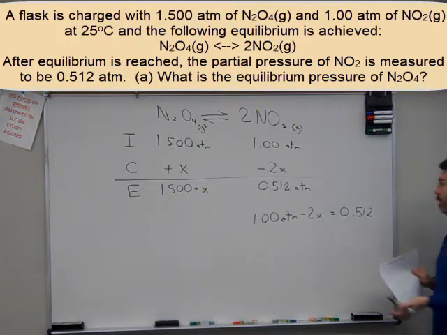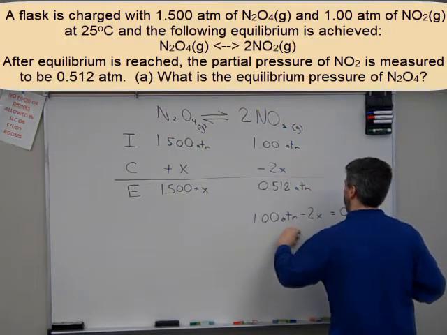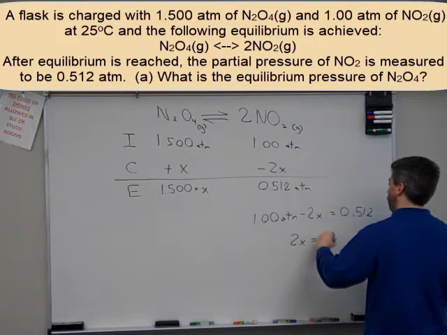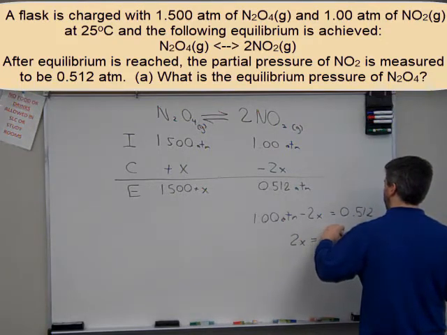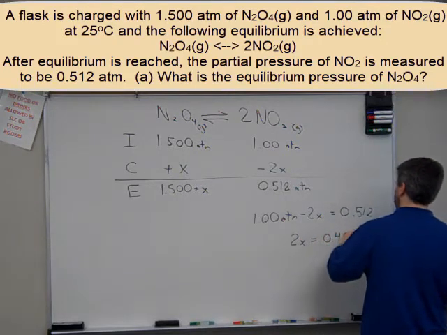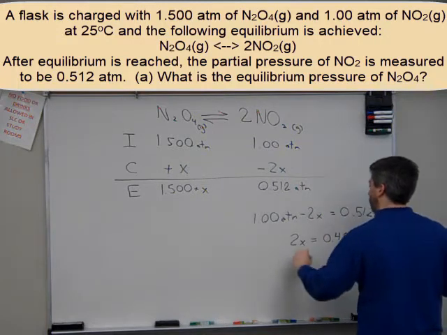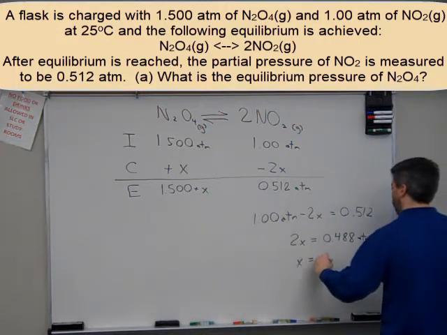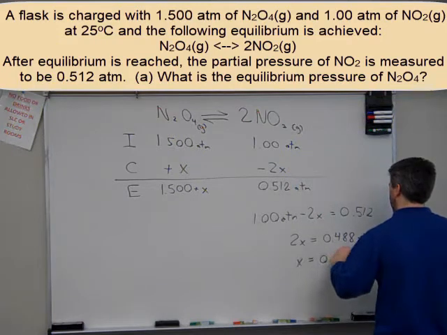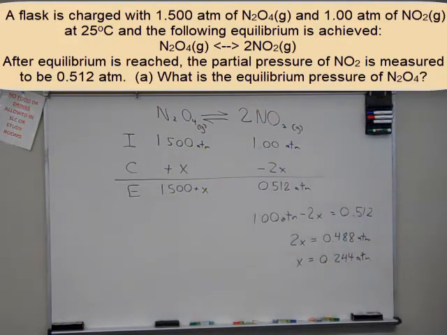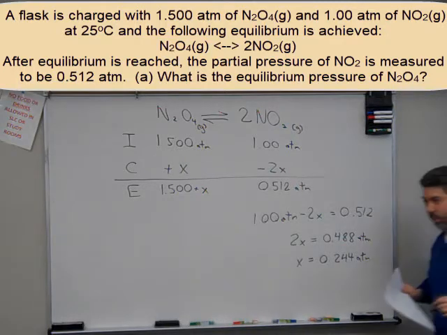Do a little rearrangement, and I would get 2x is equal to 0.488 atm, which means that x ends up being 0.244 atm. Good deal? Make sense? We're happy? Alright, cool.